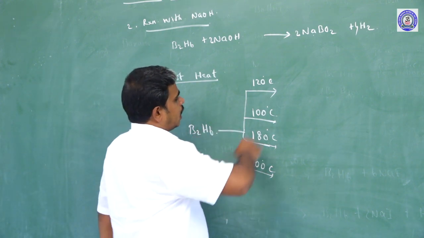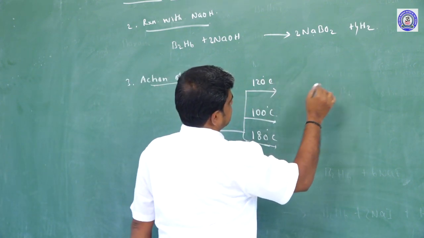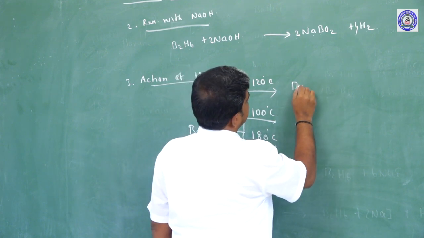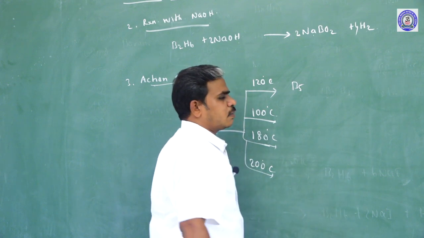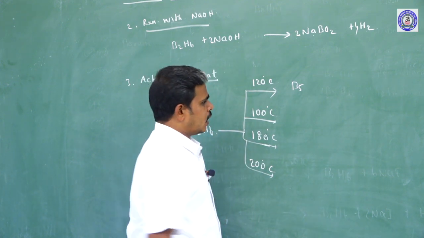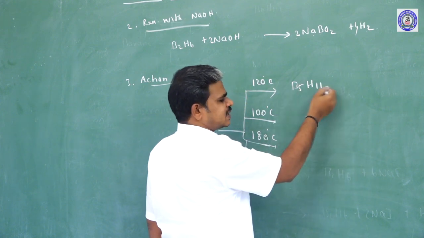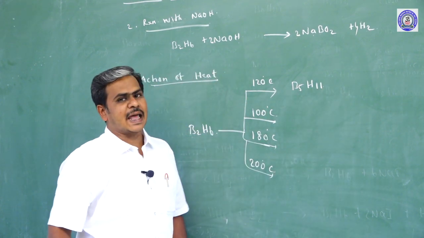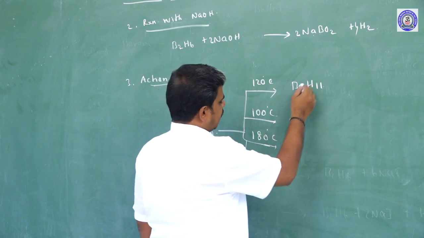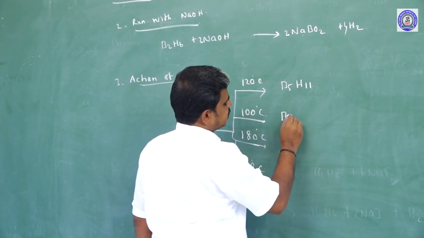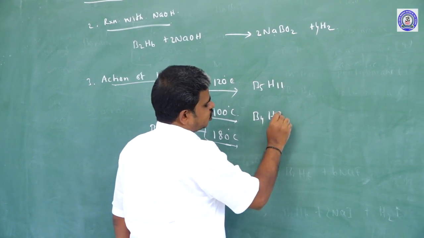At 120 degrees Celsius, B5H11 is formed, that is arachnoborane, BnHn+6. Then at 100 degrees Celsius, B4H10 is formed.